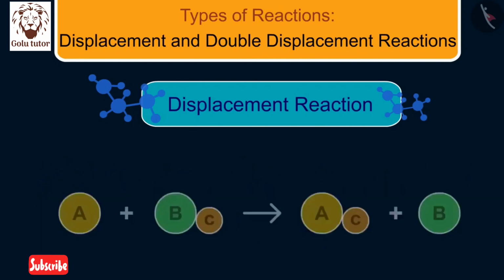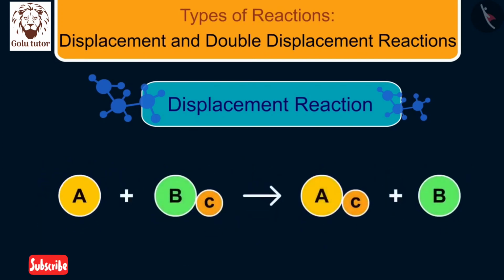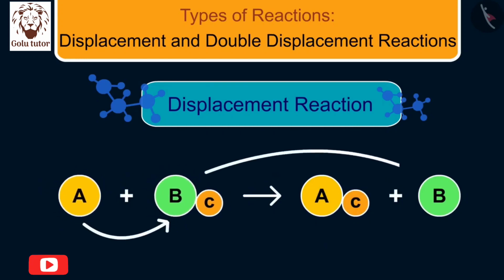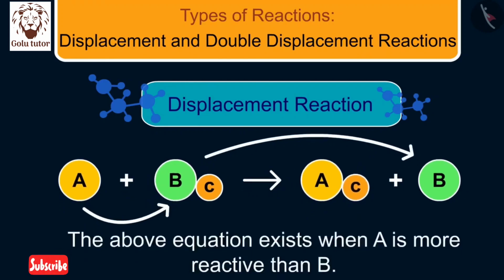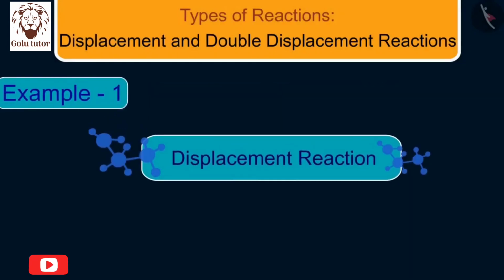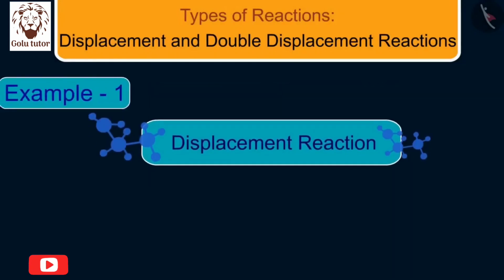For example, suppose A is more reactive than B. Then A can displace B from BC and form AC, as shown in the reaction. Let us now understand the displacement reactions with the help of an example.